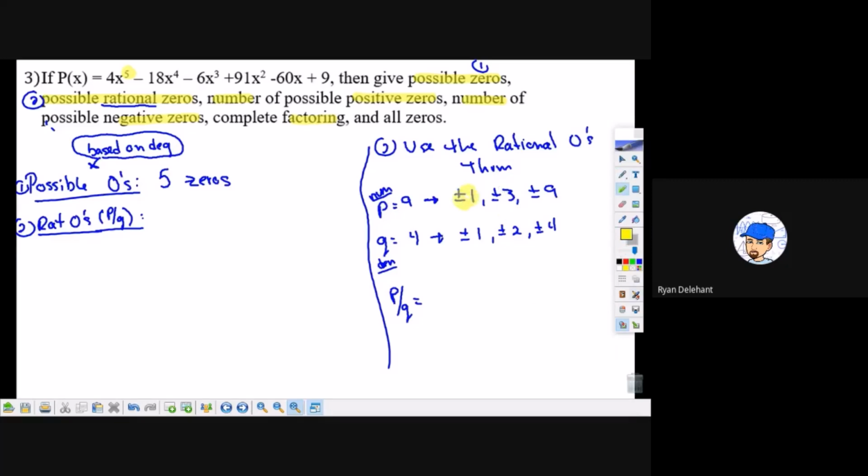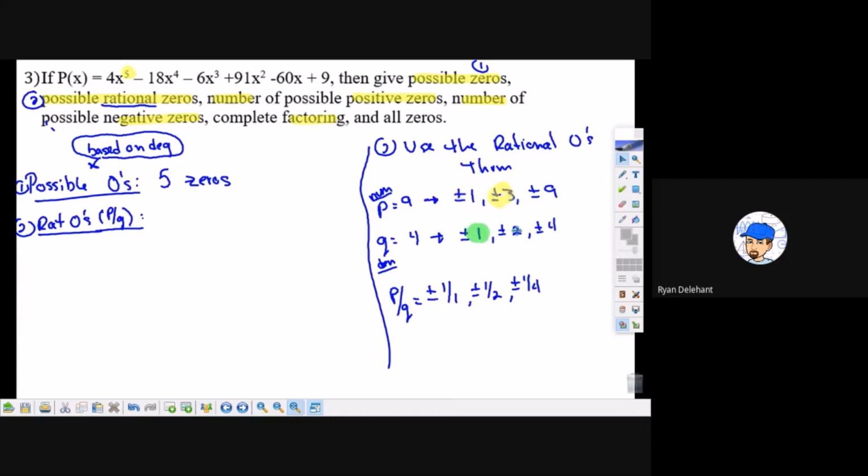I like to start at the top, meaning I'm going to start with this 1 over 1. So the first one we get is plus or minus 1 over 1. Then 1 over 2. Then 1 over 4. That one gave me 3 fractions. Then I start over.